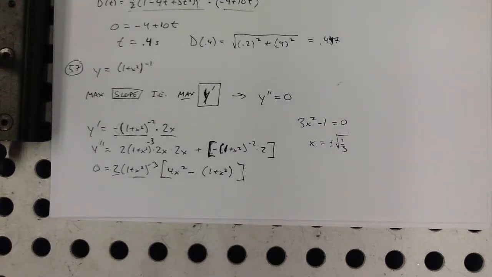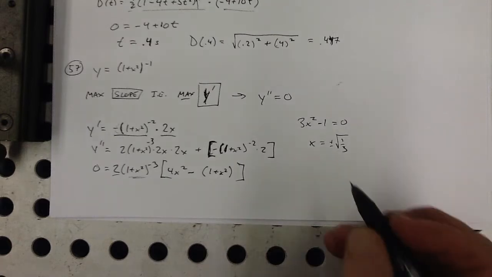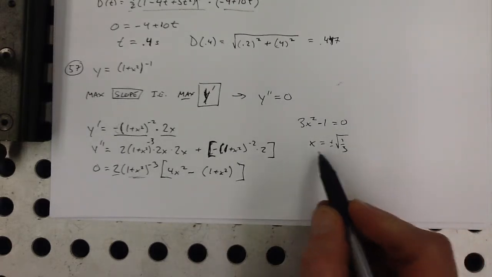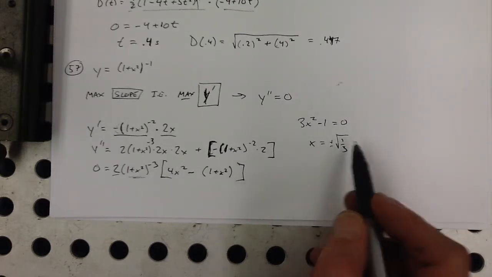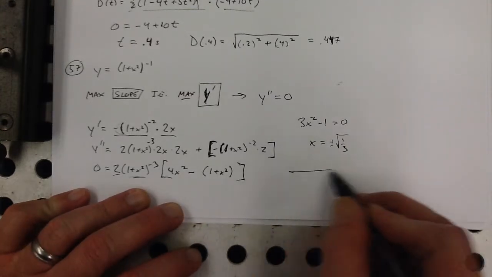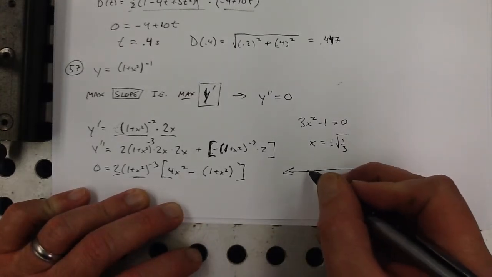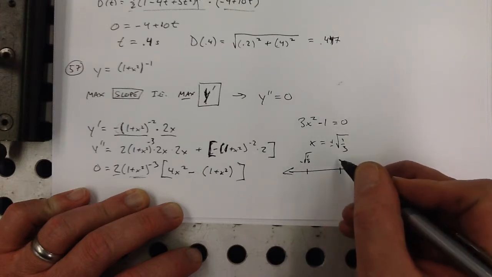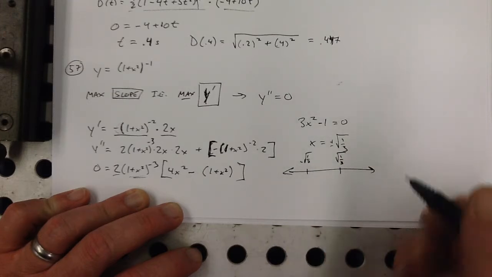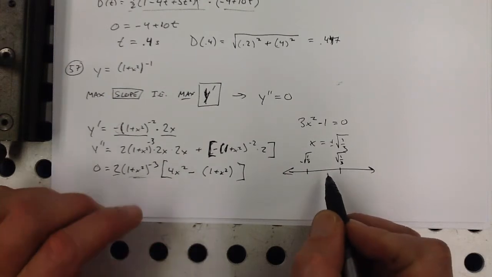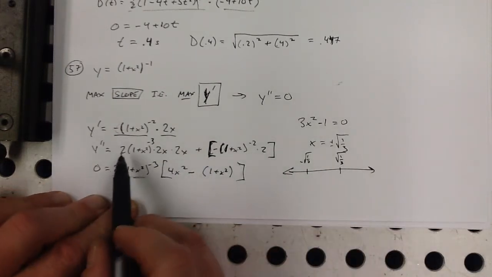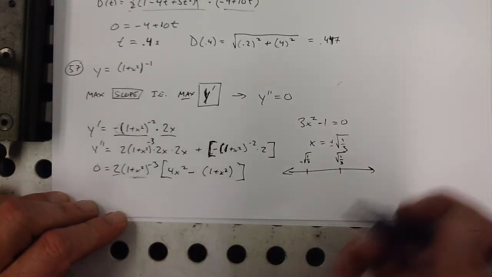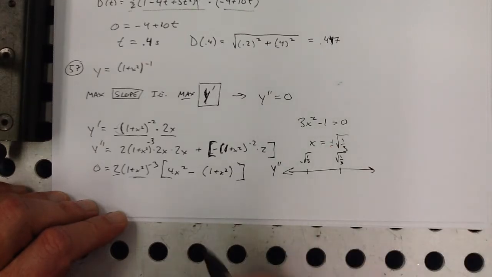Except that we want to know where it has the greatest slope, and these are places where the derivative is 0. So these could be maximums or minimums. So I think I best make a sign chart here to see which one is the maximum. This is my sign chart for y double prime, right?